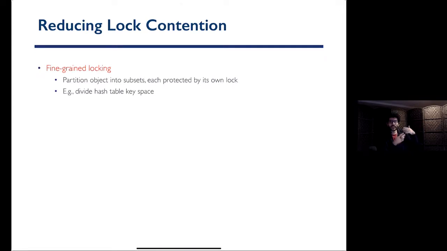So that allows multiple threads to access the database, or multiple threads to access the table. So instead of having this big lock on the entire database or on the entire table, have this fine-grained locking. Just lock what you really need. That allows more parallelism. You can have more threads running at the same time.